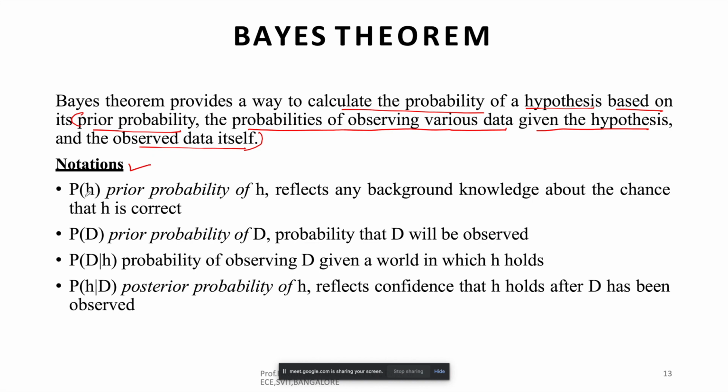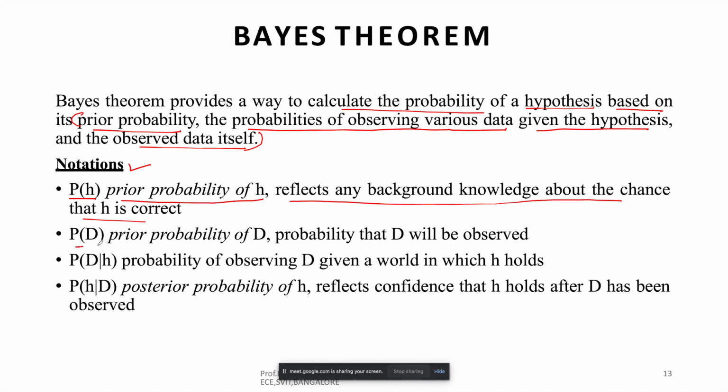What are the notations we have to follow here? So P of H. P of H represents the prior probability of H, and reflects any background knowledge about the chance that your H is correct.